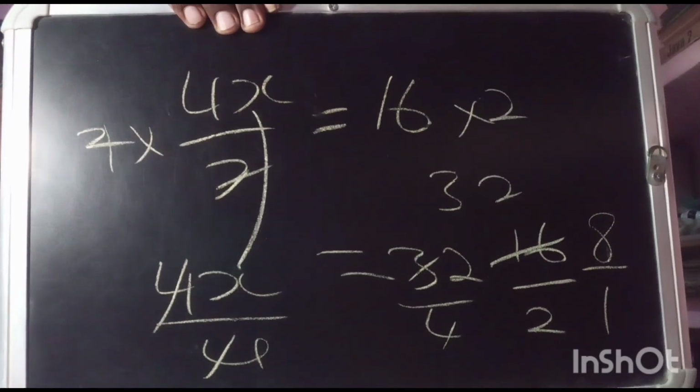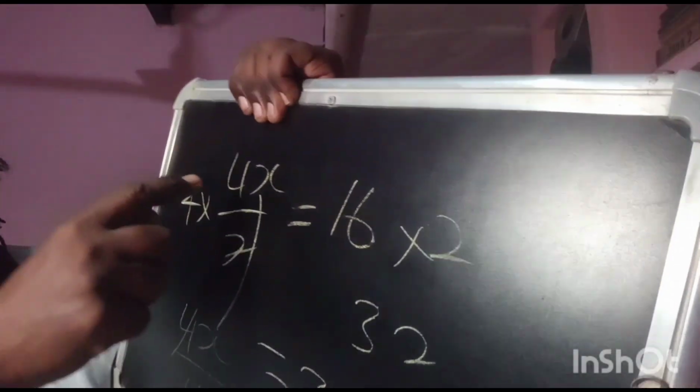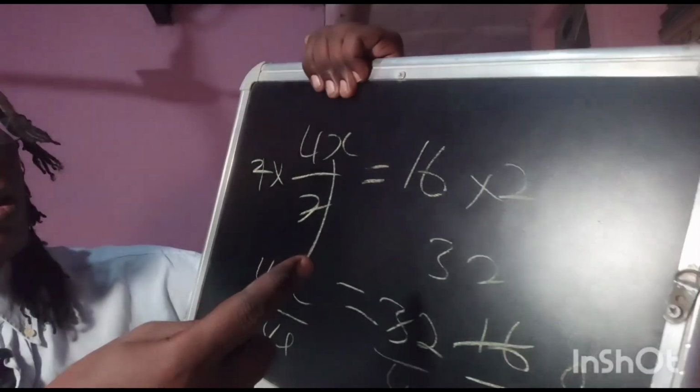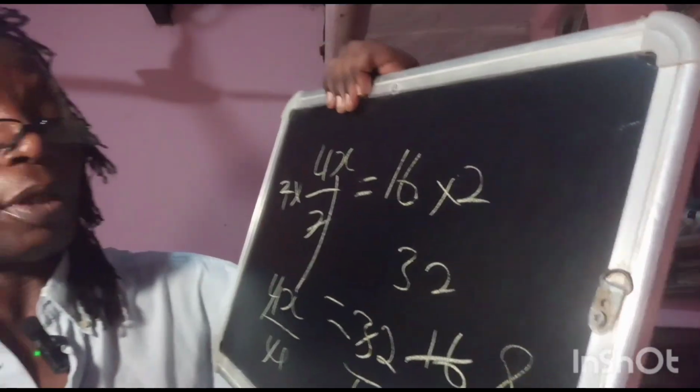And now you can prove that. So 8 times 4 will be what? Will be 32, right? And what I gave was 4x divided by 2.